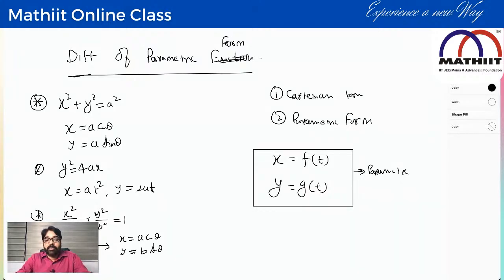Again, I'm reminding you, I'm not going to discuss inverse trigonometric function differentiation. That will take up time, and there are so many cases that come up, which I cannot explain directly at this point. So this is the parametric form. I am sure everybody understood what parametric form of the curve means.